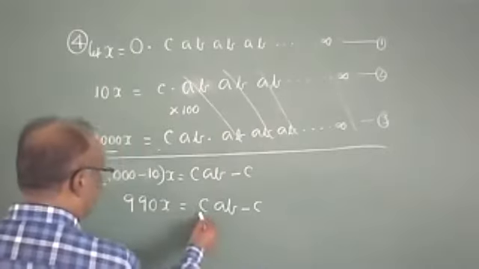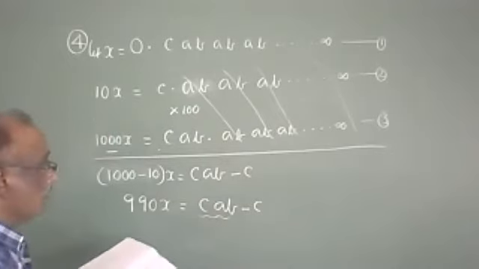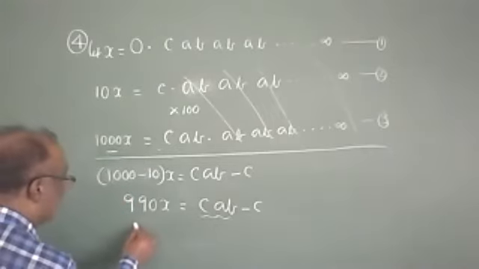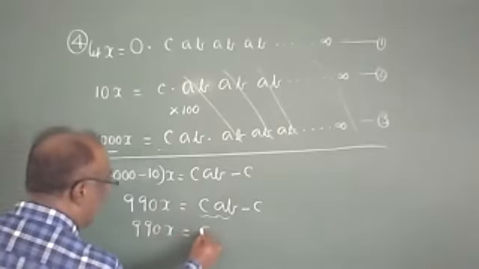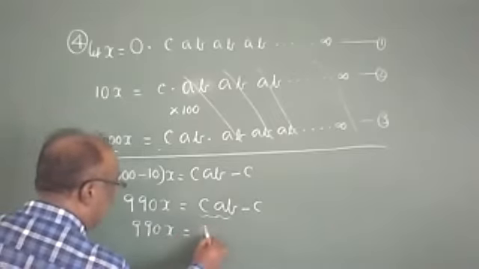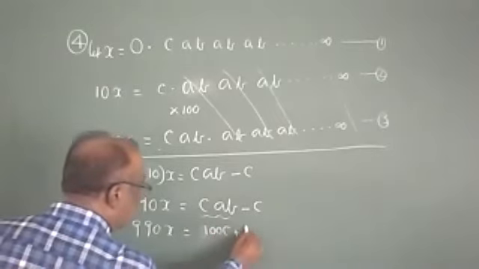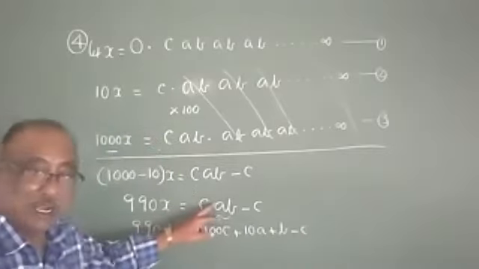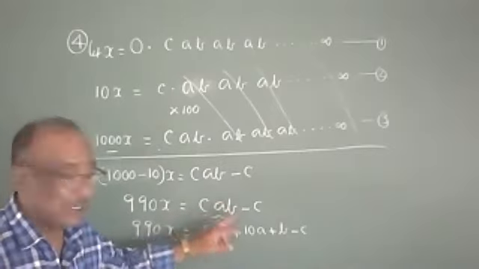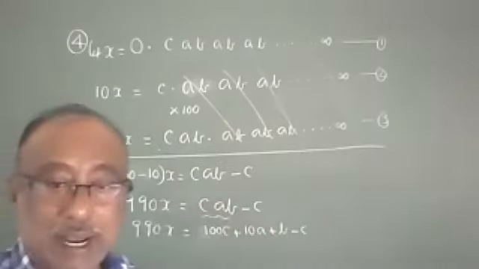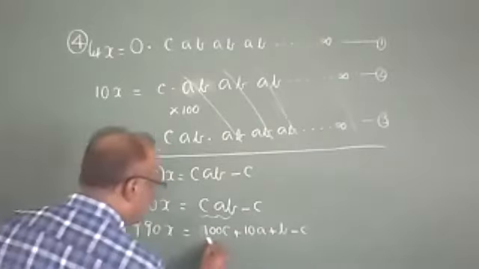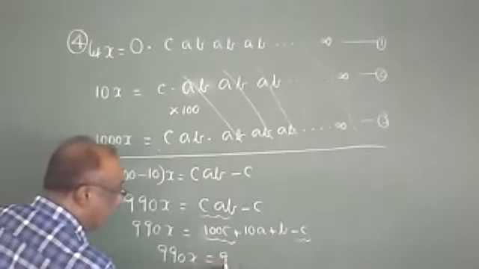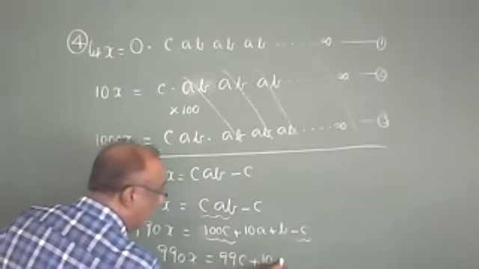So 990x equals 100C plus 10A plus B minus C. Everyone observe and simplify: 100C minus C is 99C. So 990x is equal to 99C plus 10A plus B.